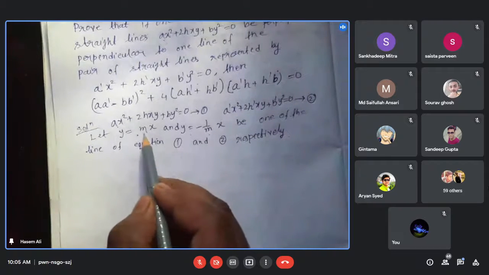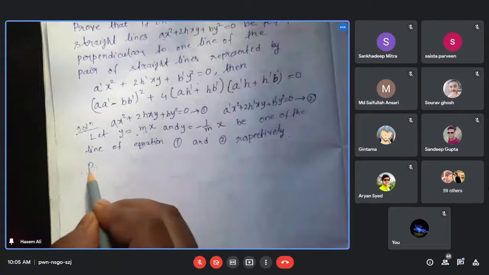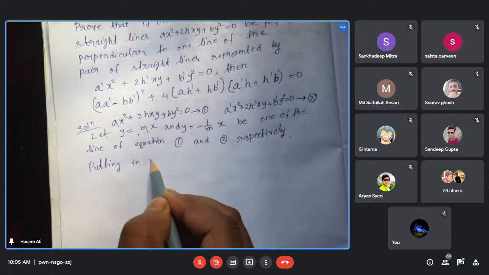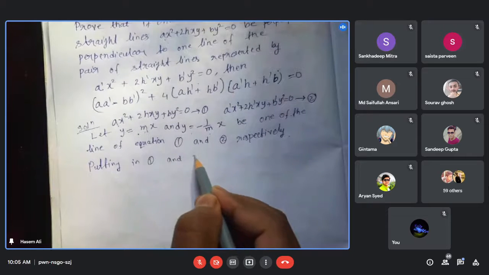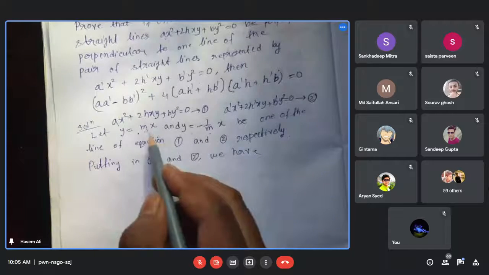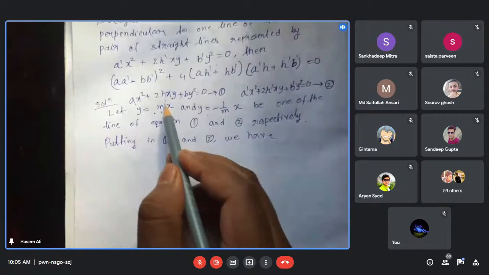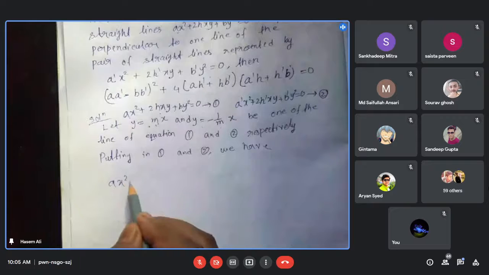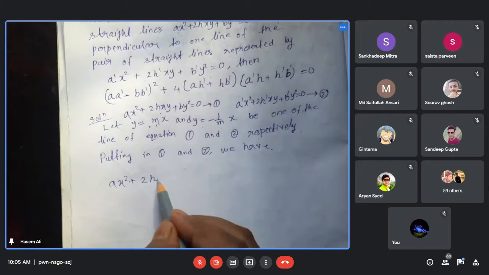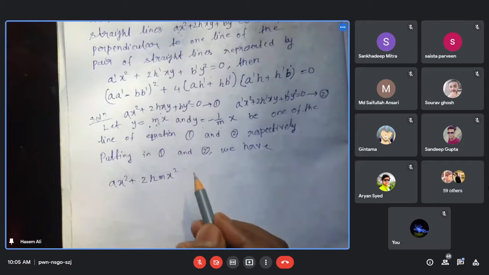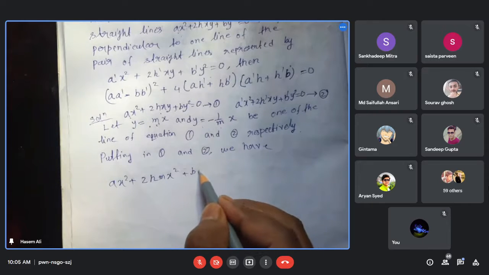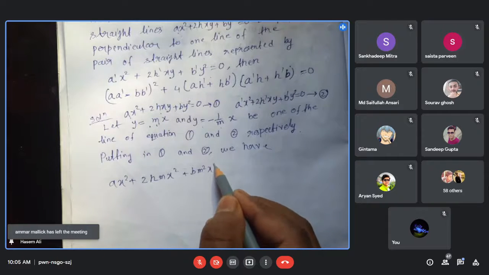Now putting this in equations 1 and 2. We put y equals mx in equation 1, then we have ax square plus 2h mx square plus b m square x square equals to 0.